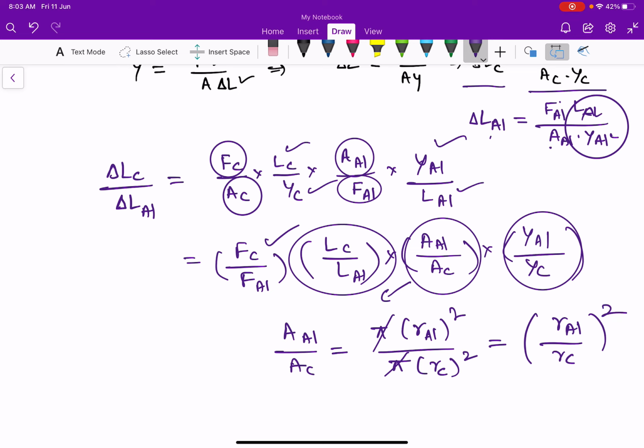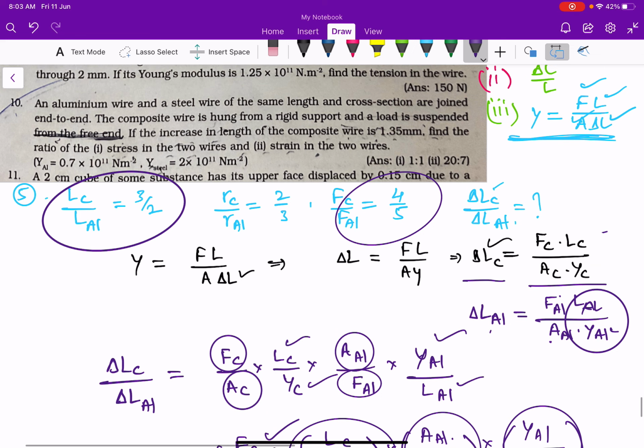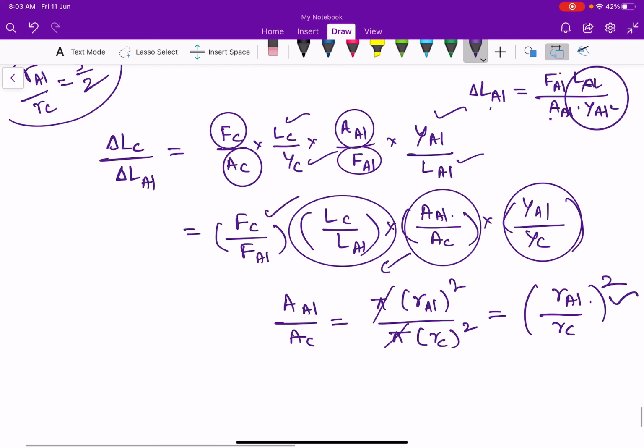Radius of copper to aluminum is given as 2 by 3. So radius of aluminum to copper is the reciprocal, 3 by 2. Substitute these values here so that you will get the answer for delta L of copper to delta L of aluminum. You will get the answer for this question.